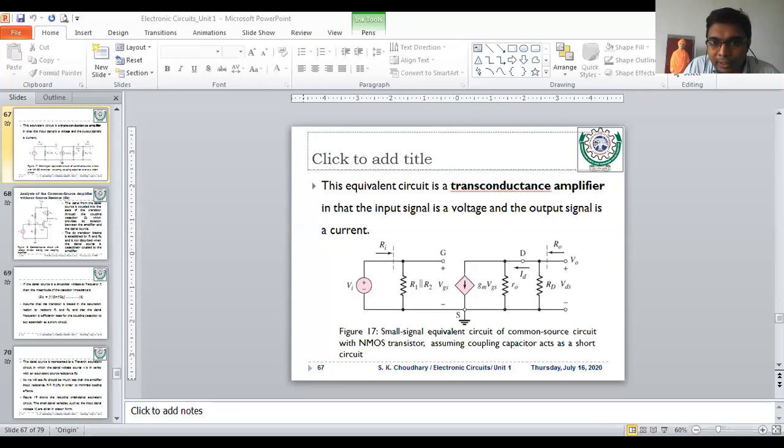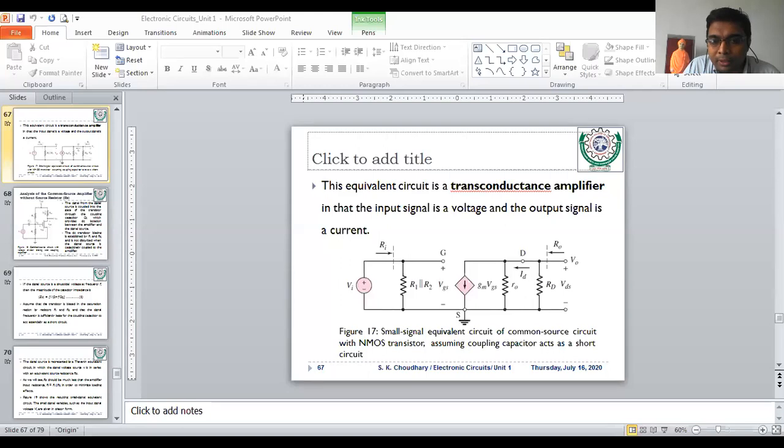So there is a gate terminal first, then there is a drain terminal. You have to draw like this, and the bottommost is the source terminal. Now gate and drain.